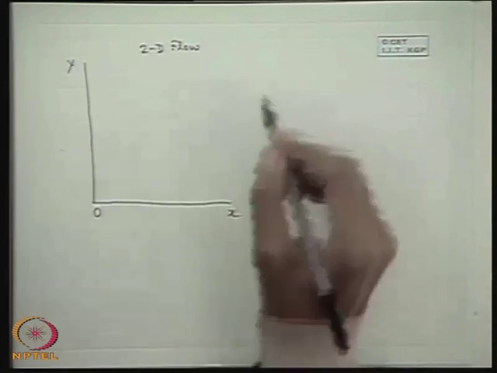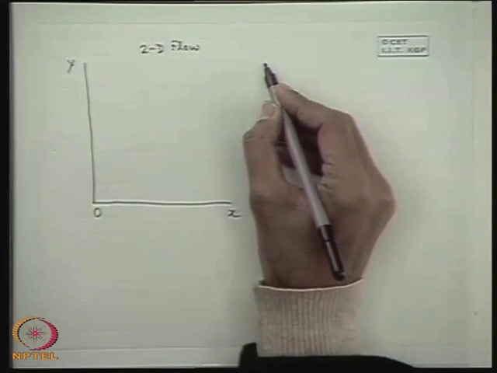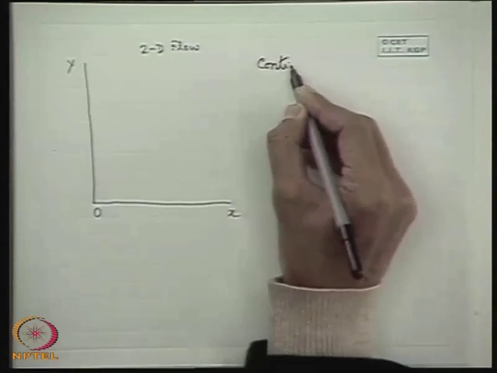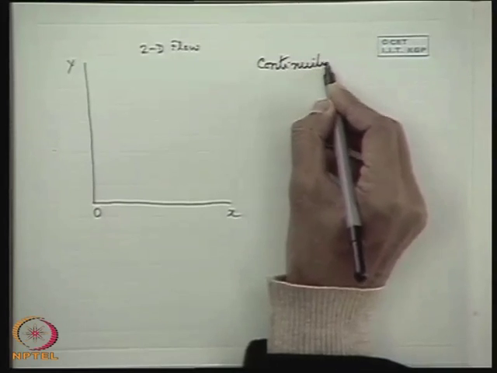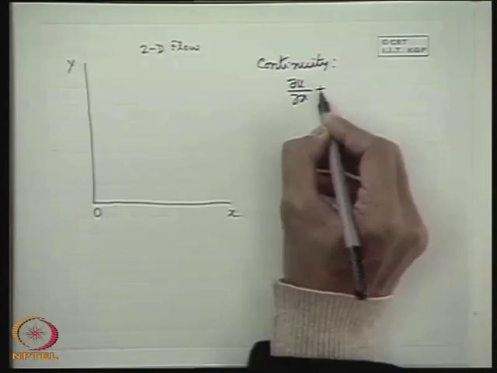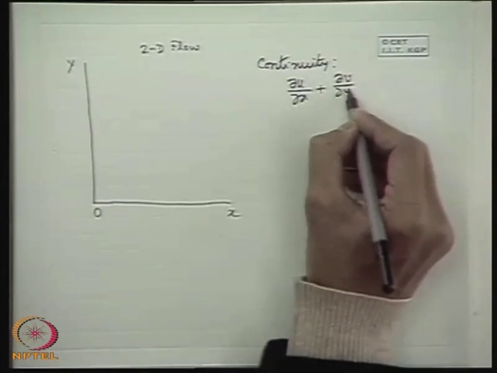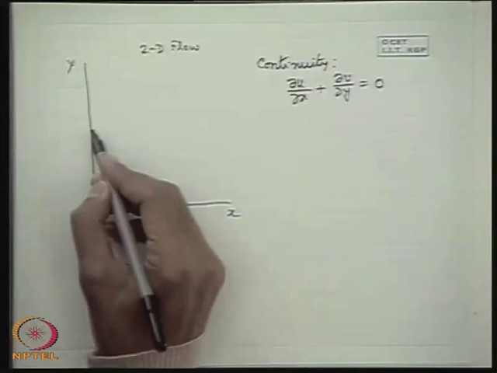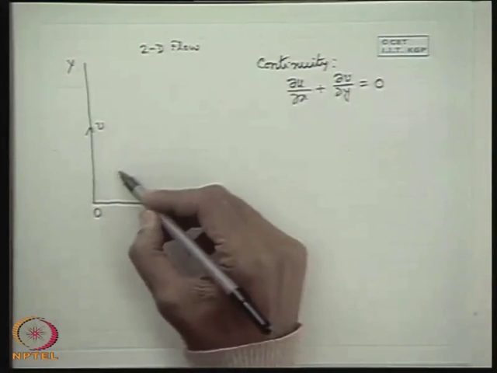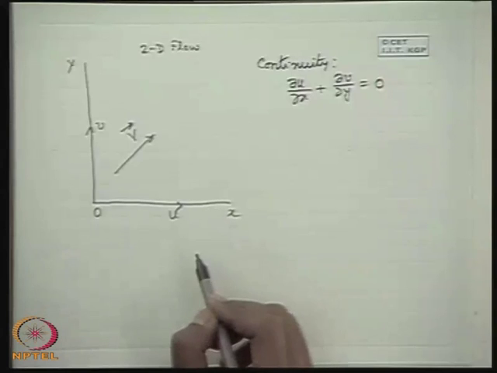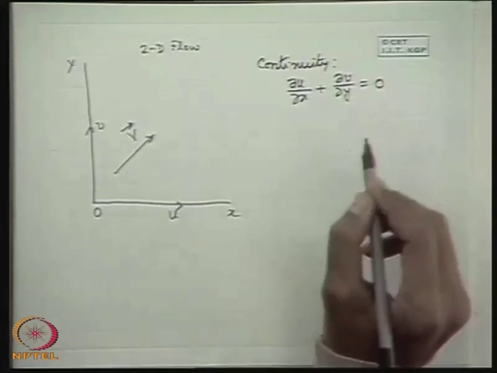Now in this case we know that for an incompressible flow, the equation of continuity, conservation of mass, is del u del x plus del v del y is 0, where u and v are the velocity in the x direction and y direction. That means the velocity vector V has the components u and v along the x and y axes respectively.